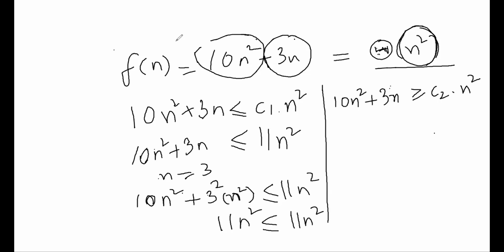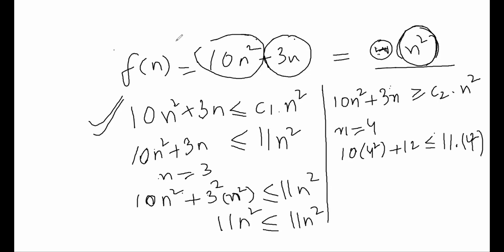Okay. If n is equal to 4, I'm just looking at this equation currently. So I have 10 into 4 square plus 12 less than or equal to, let's keep C1 as 11 only, and n square is 4 square.